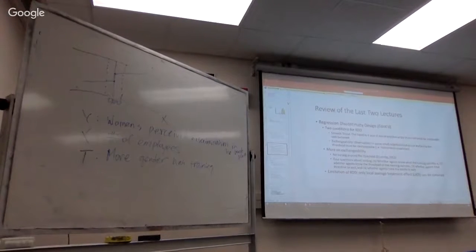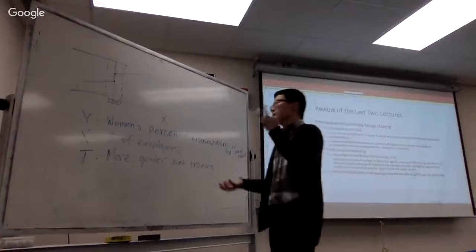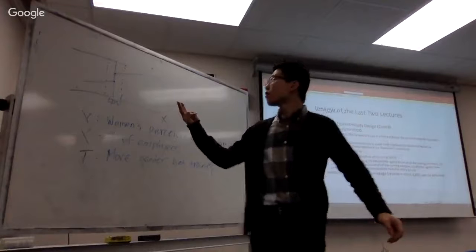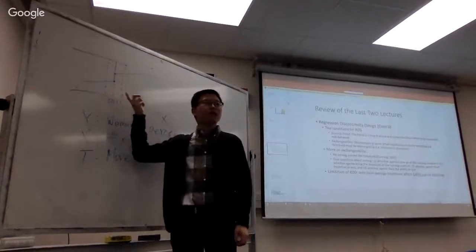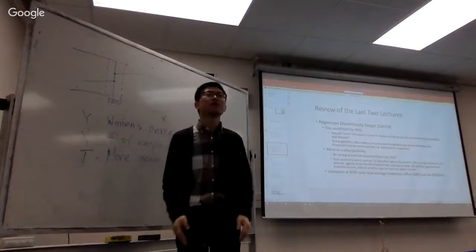Any questions? Good. The limitations of RDD: the first one is the conflicting relationship between bias and standard error. The design of RDD restricts the sample to a very localized area.